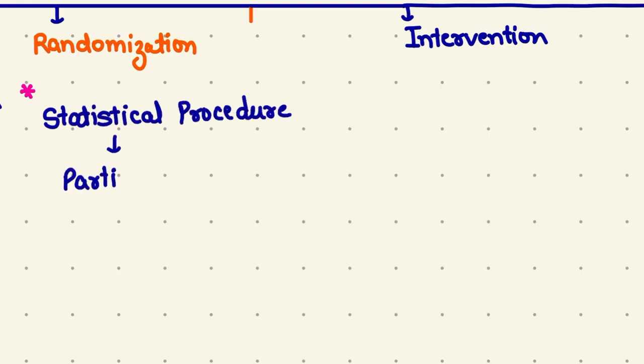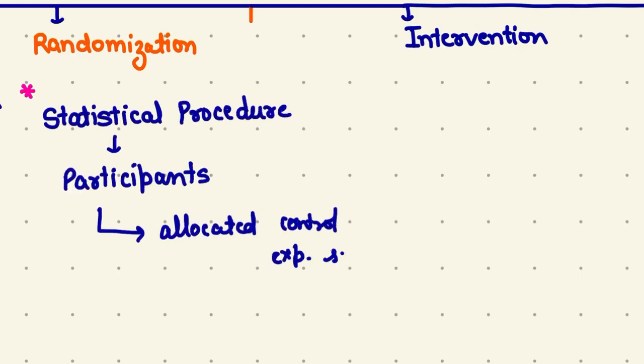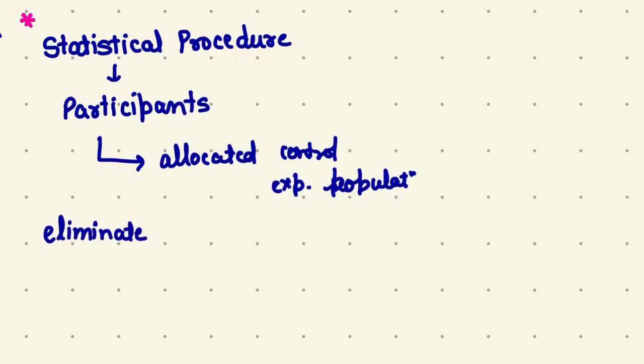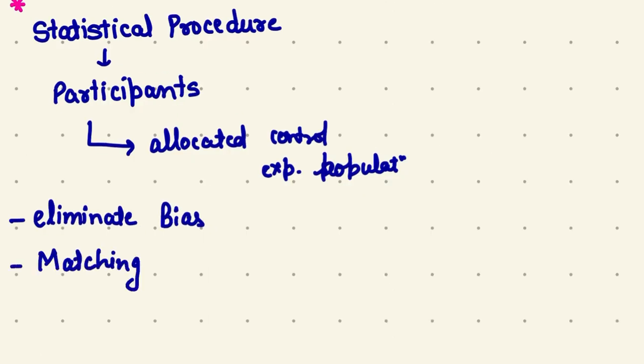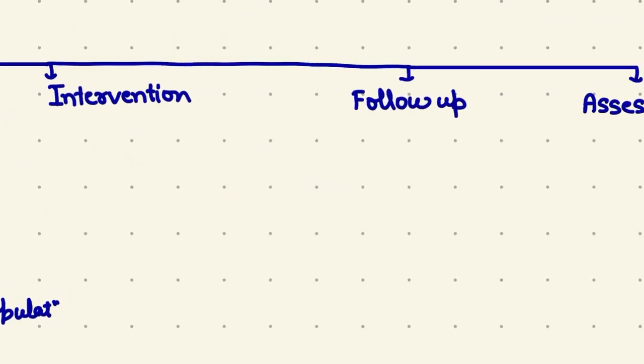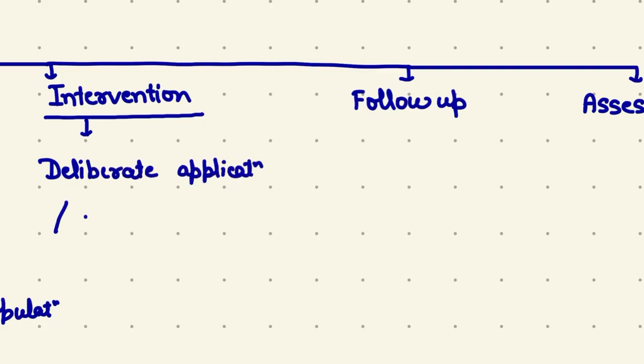Randomization is a statistical procedure in which participants are allocated into control or experimental population. It eliminates the bias and matching is already done. Then we give the intervention.